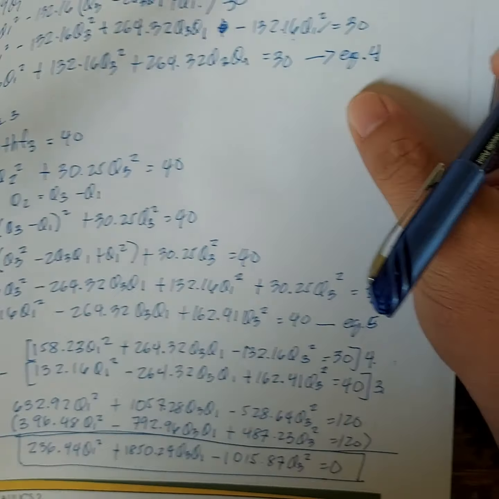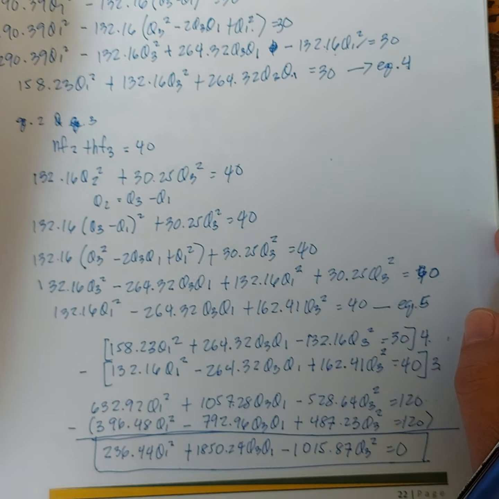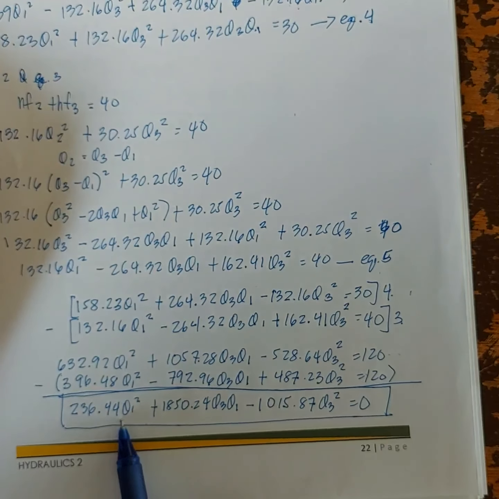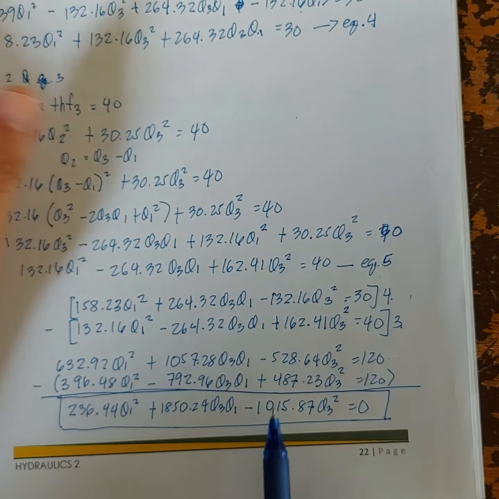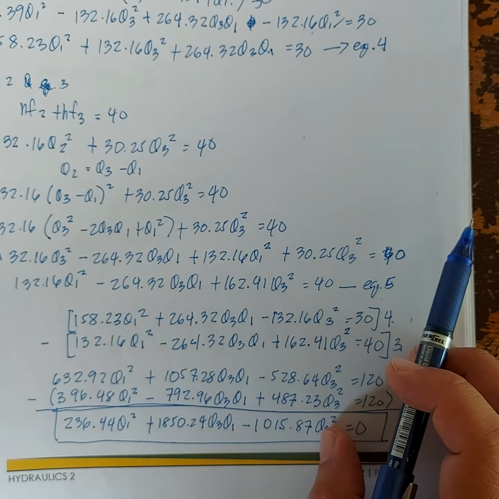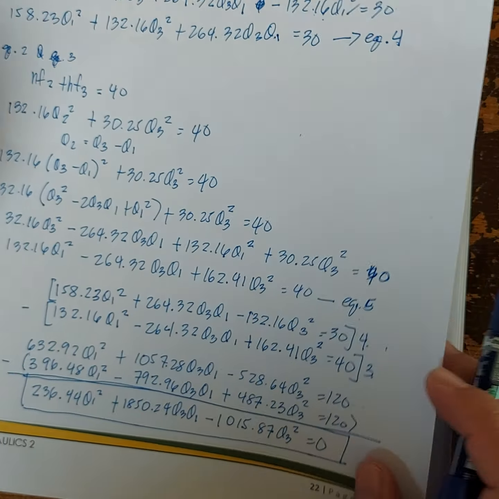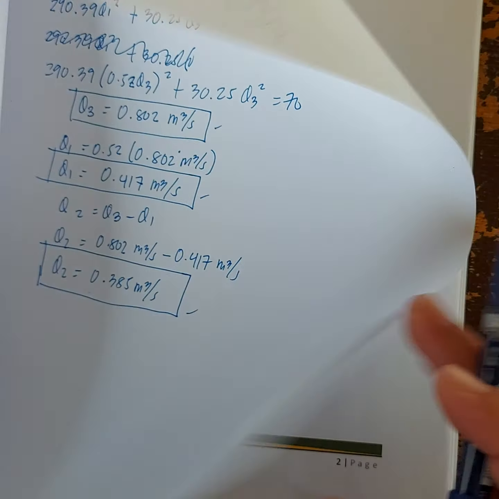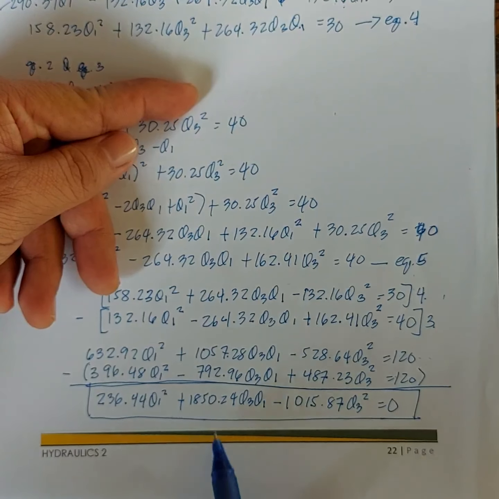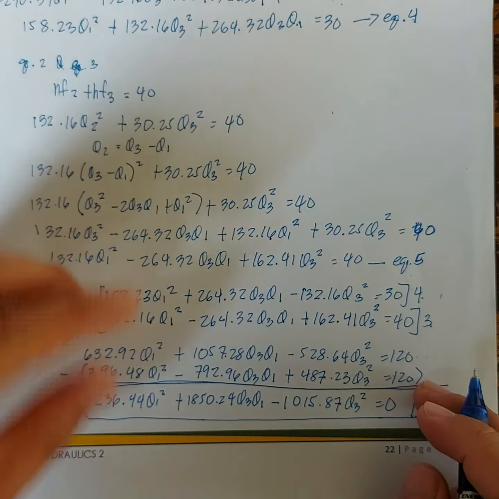And then we're going to formulate a quadratic equation that would relate now Q1 and Q3, or kung ang pinili nyong discharge equation kanina ay yung isang equation, you can relate Q2 and Q3 or Q1 and Q2, whichever is the case. So after formulating a quadratic equation, make sure that the right side of the equation is equal to 0.